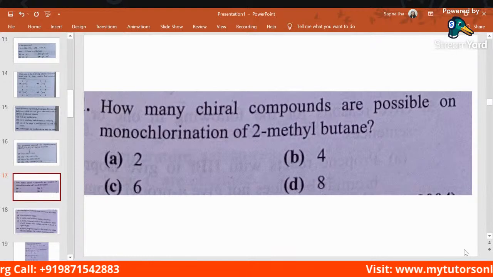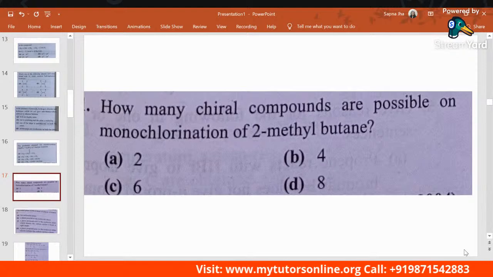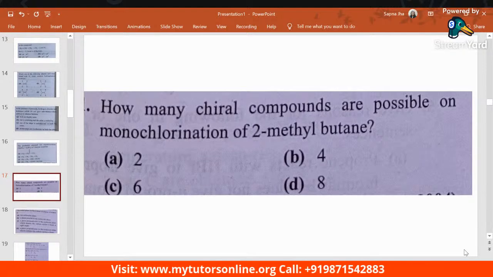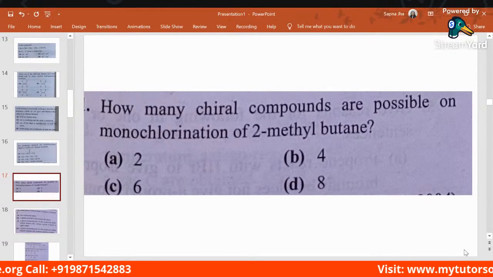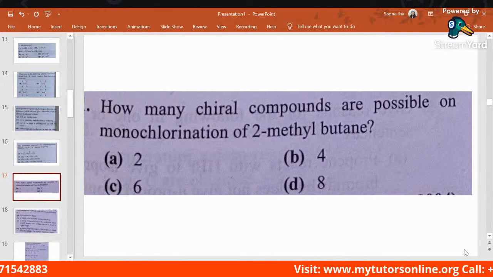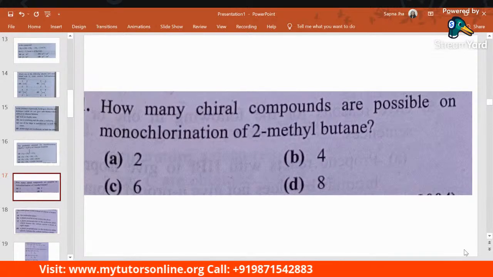That's why it says that there are four chiral compounds possible by the monochlorination, because D and L forms are very much different from each other. Even if it is giving two compounds, actually it gives four optical compounds.